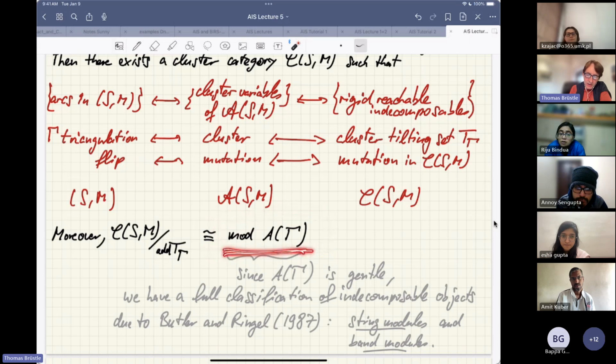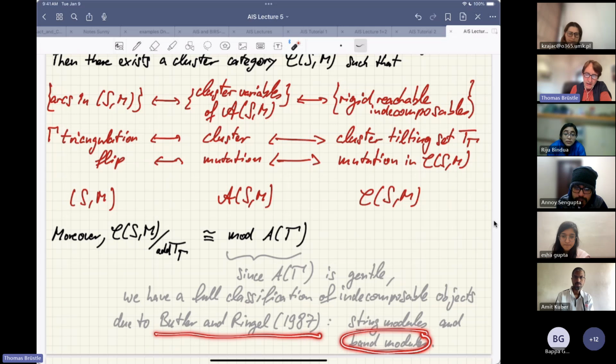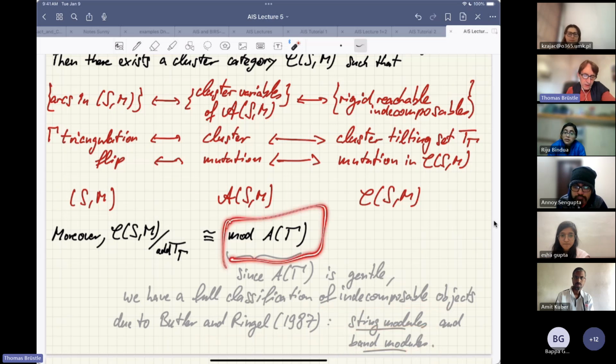We can describe all the objects by something called string modules and by some procedure starting with something called band modules. That has been established by Butler and Ringel already in the 80s. We do know all the modules here, and there's a nice combinatorics. The indecomposables are given by string modules and band modules. So why not use that information if we have this equivalence of categories?